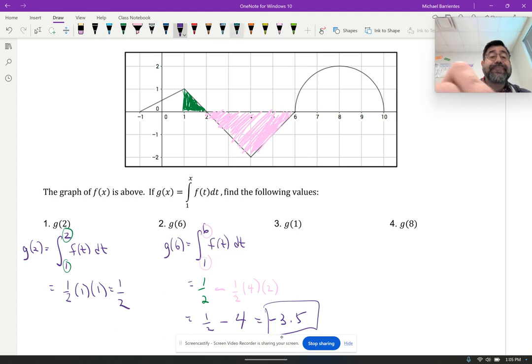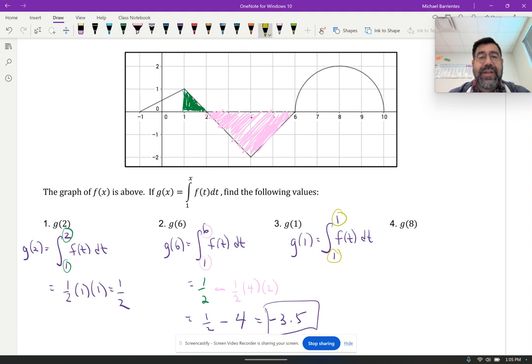Let's do number 3. G of 1 is equal to the integral from 1 to 1 of the function f given. Well, wait a minute. If I'm starting at 1 and then I'm ending at 1, my limits of integration are the same. Am I accumulating or shading anything?